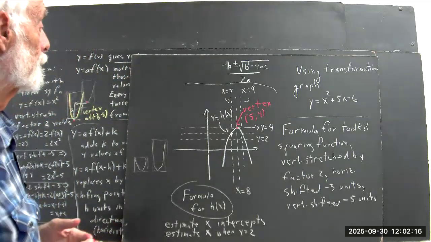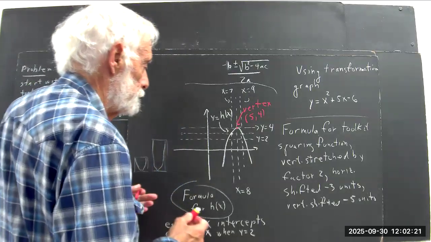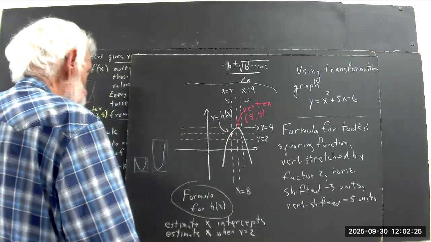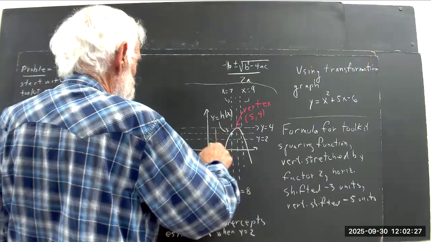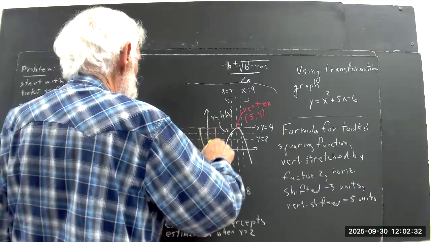That means that if we had started out with the toolkit squaring function, it would have been in a window about here.